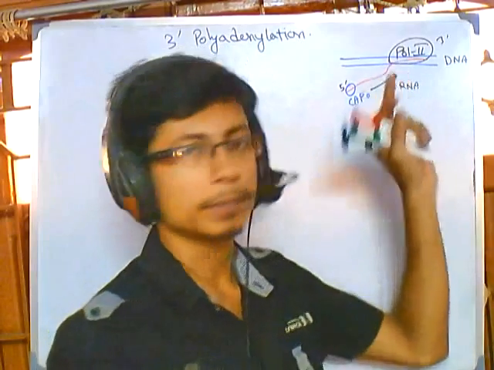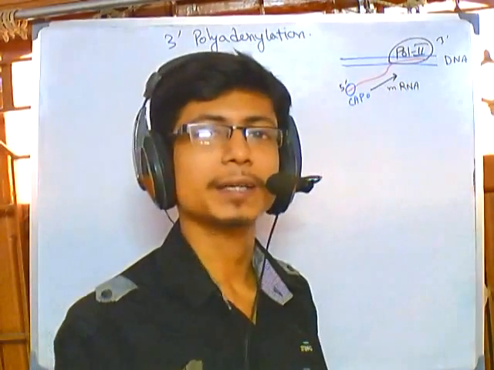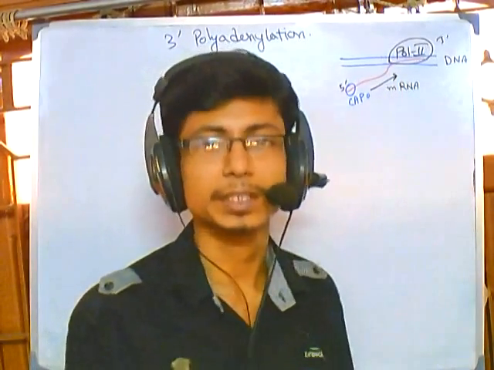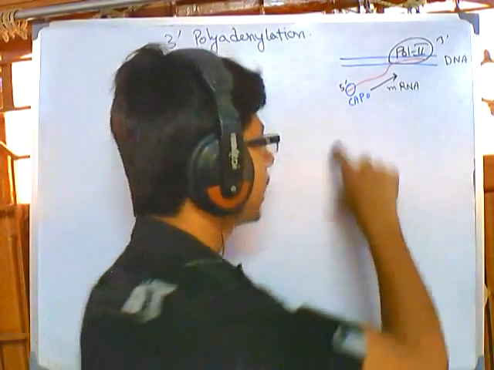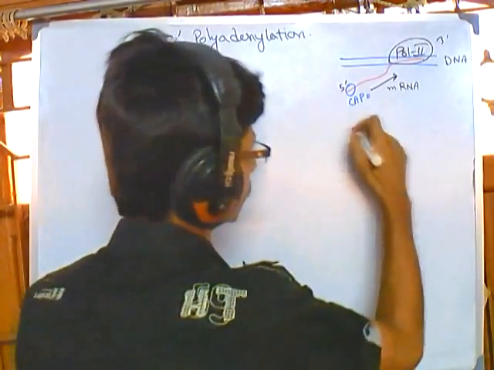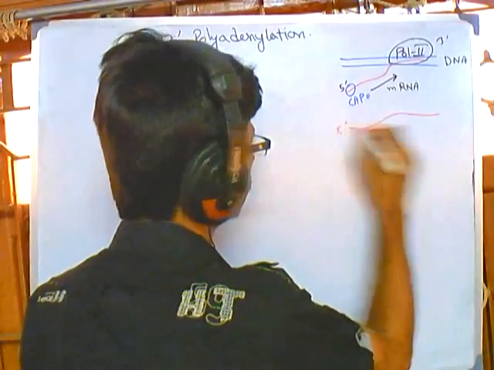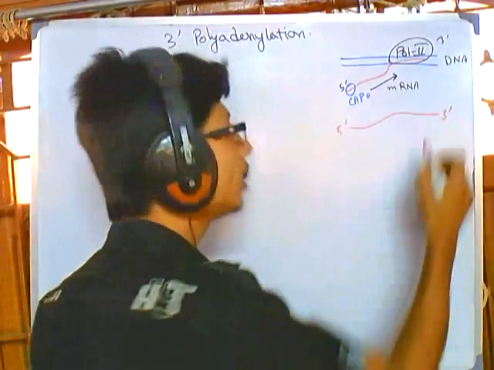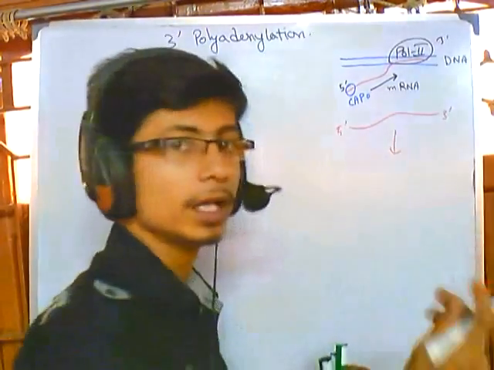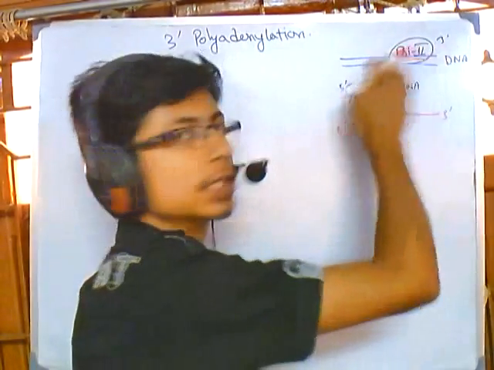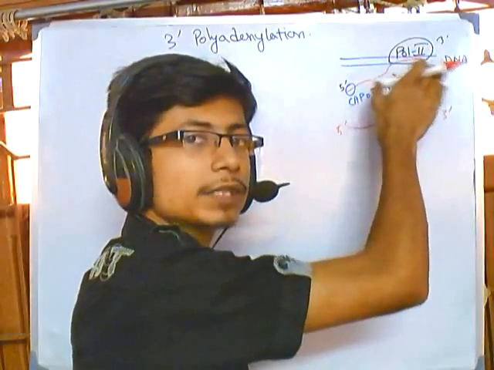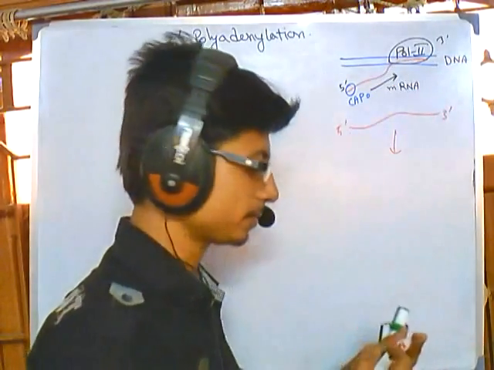The answer is yes. Until and unless we get the whole mRNA, this is 5 prime, this is 3 prime, only then are we able to modify this 3 prime. Otherwise, while it is still being produced, we cannot find the 3 prime end to be modified.